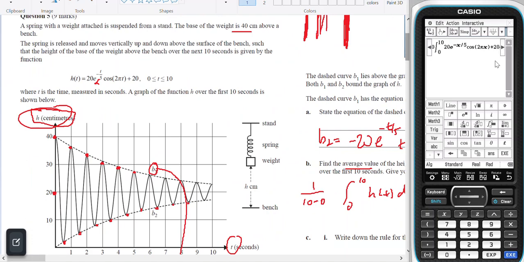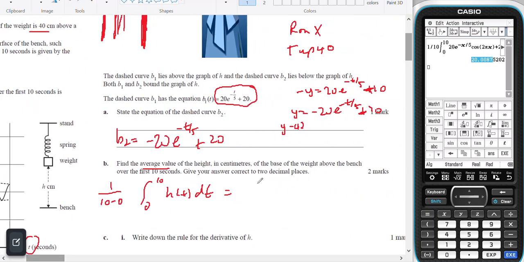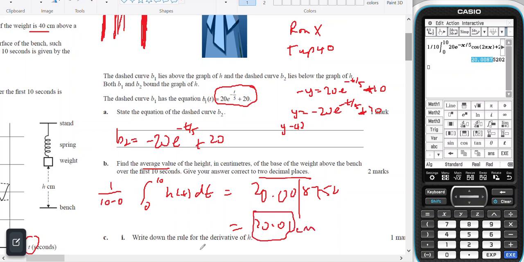I've typed that in, and that gives me an answer which in decimal form is 20.008752. To 2 decimal places, 20.01 centimetres is the average height.